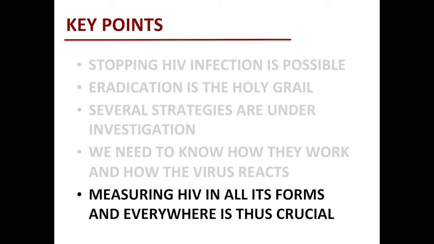For this reason, it is crucial to have the possibility to measure HIV in all the forms that the virus has. Actually, there are several forms that the virus can have when it enters into a cell, and I will show you in a moment what we have done by measuring the total amount of the virus within cells, but we also have technologies to measure the integration of the virus into the DNA of the host, and we also have methodologies for measuring the presence of circular forms of the virus in the cytoplasm.